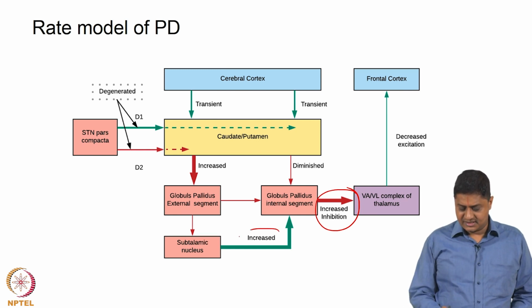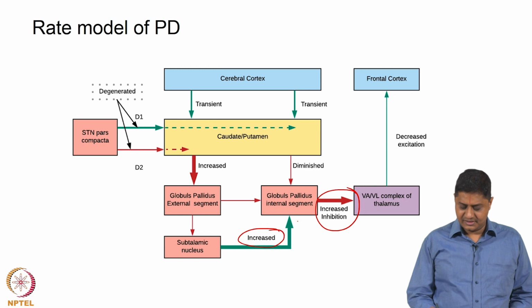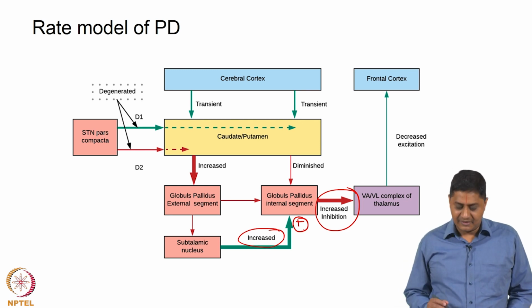There was also an increase in the excitation going from the subthalamic nucleus to the GPi. Let us remember that this is an excitatory pathway, right. The subthalamic nucleus to globus pallidus internal pathway is excitatory. Its neurotransmitter is glutamate.